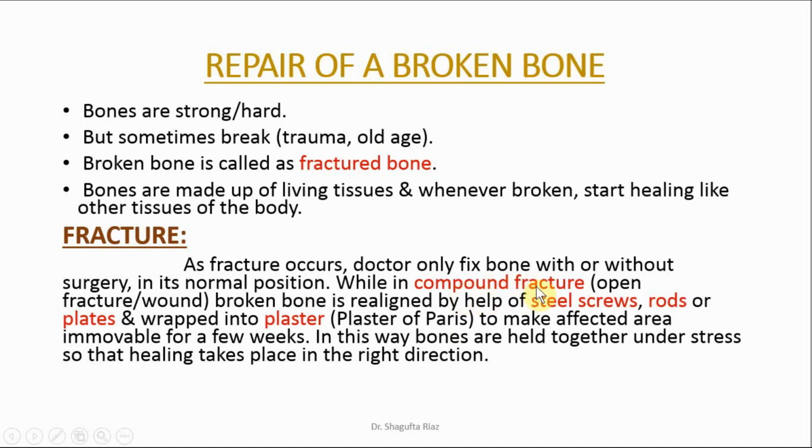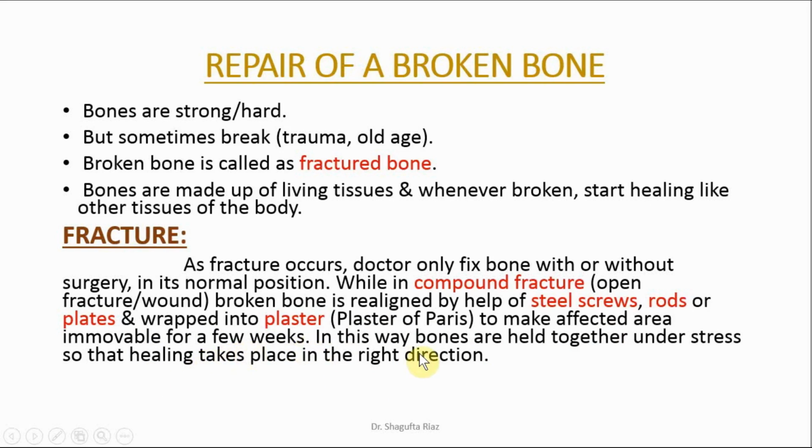What happens when the compound fracture occurs? The broken bone is realigned. It will be realigned with the help of steel screws or rods or plates, steel plates or steel rods. After realigning, it will be wrapped in plaster of Paris to make that affected area immovable for a few weeks.